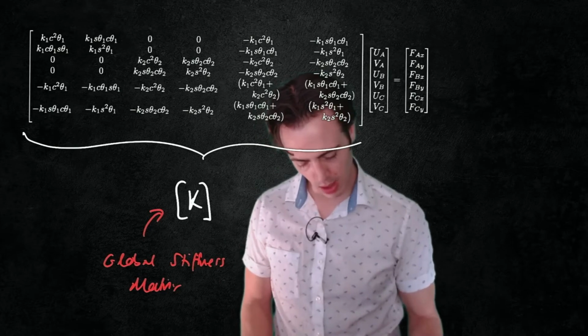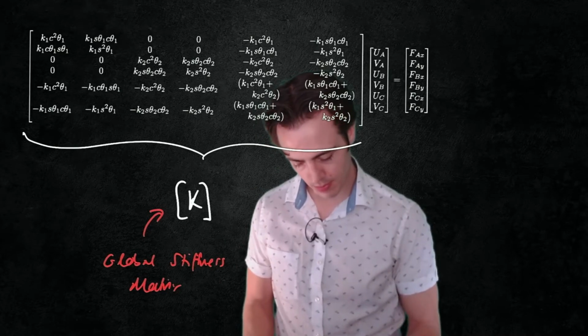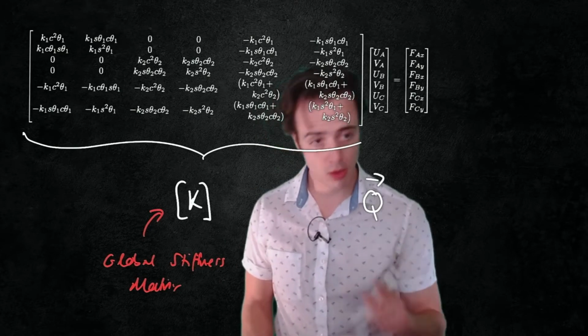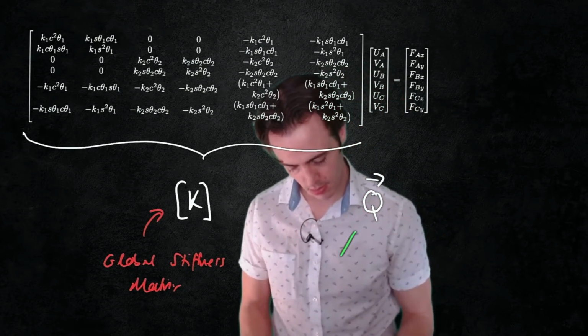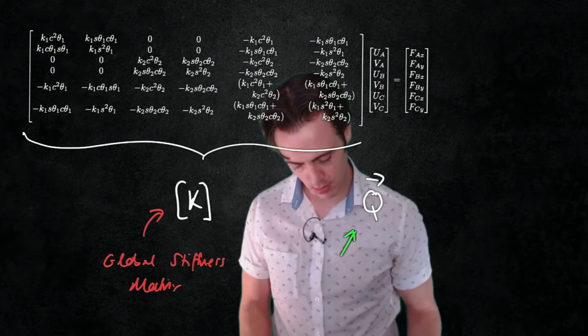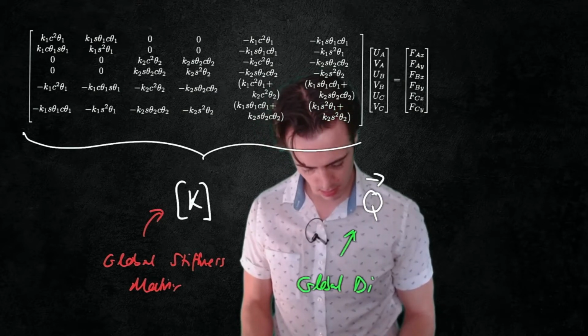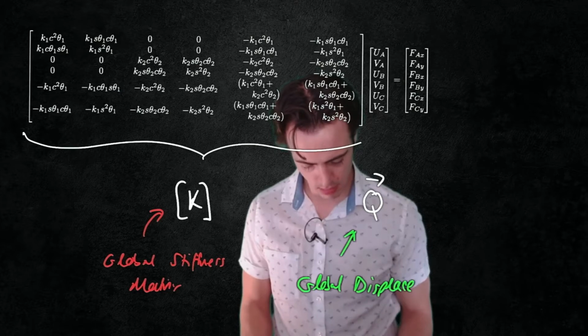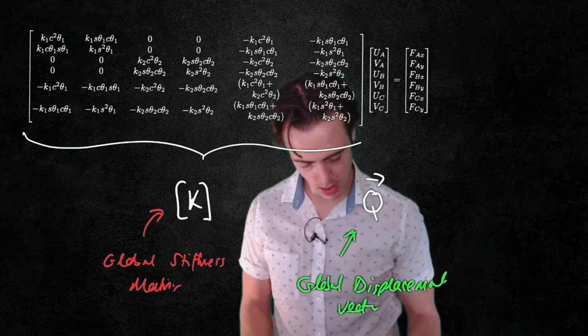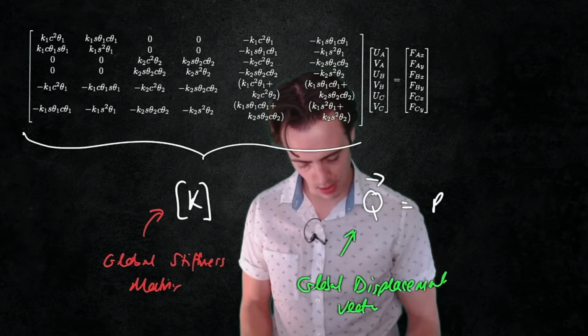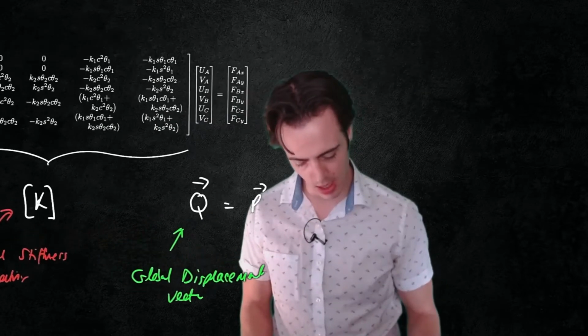We've then got our global displacement vector, Q, up here, and then this global force vector on the right hand side.